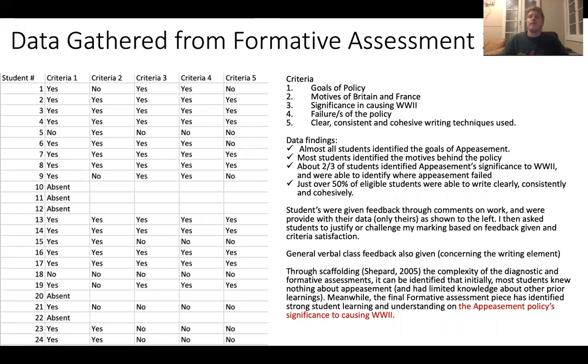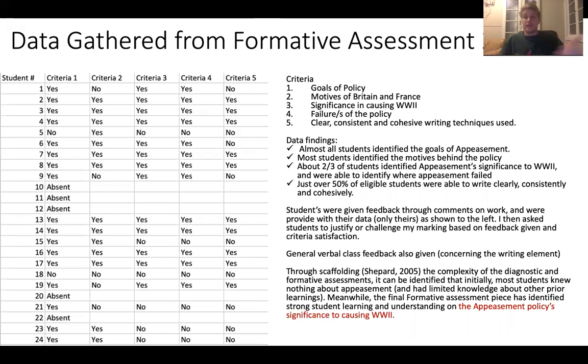So I gave them verbal feedback that reflected that, especially about the writing criteria. And then I gave them comments and feed forward on their worksheets. I got them to look at the feed forward I gave them in relation to the work they did, and then I showed them each data criteria of their own.